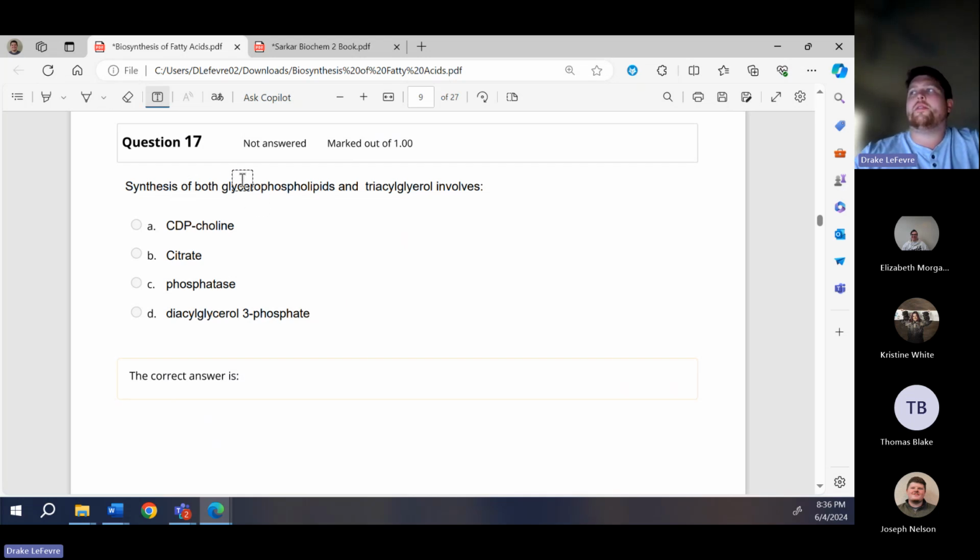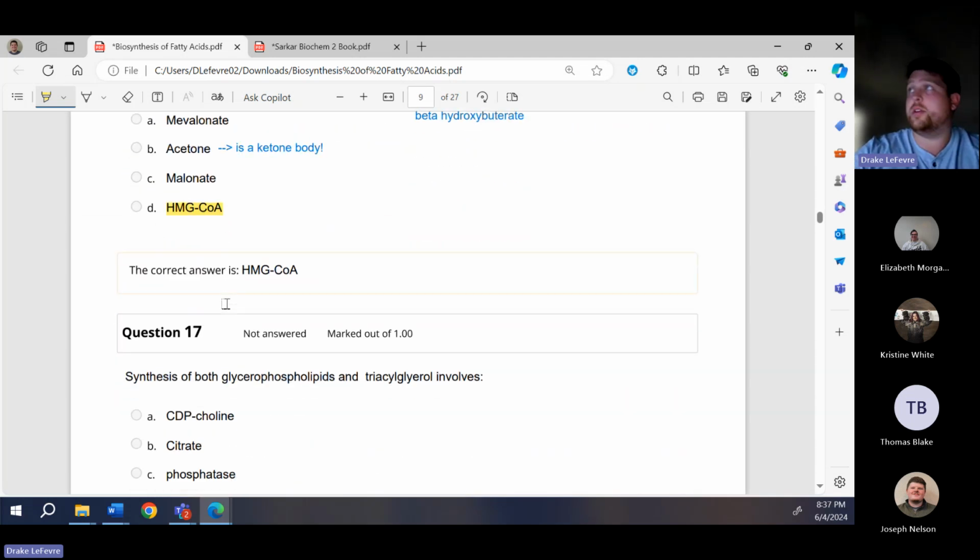Synthesis of both glycerophospholipids and triacylglycerol involves, and we kind of looked at this in a previous question, diacylglycerol 3-phosphate. I think we called it something different.